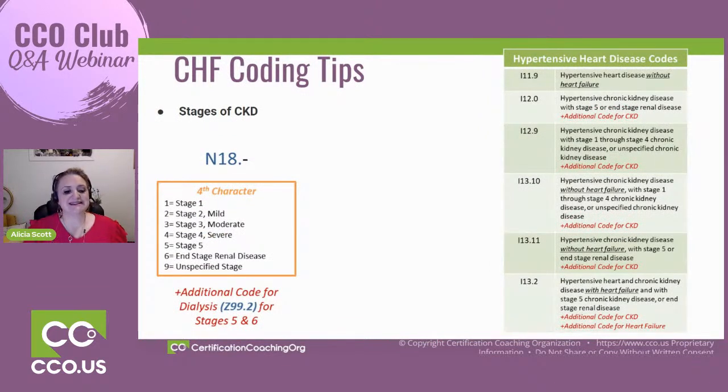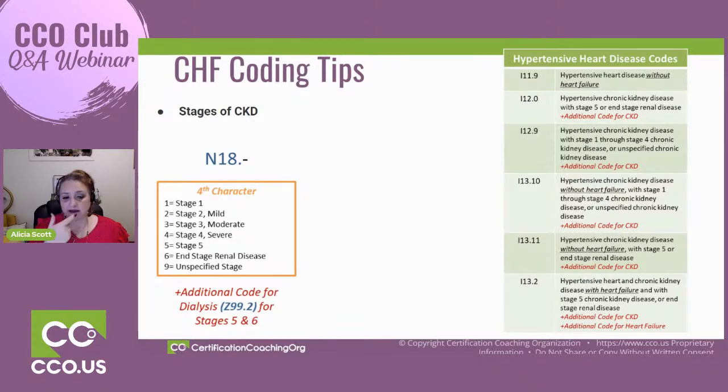So the stages of CKD, you need to have those, not memorized, although it's not that hard to memorize them. But CHF and CKD have this causal relationship together, right? If a patient has CHF for very long, they probably got CKD, at least CKD 2 and maybe 3.